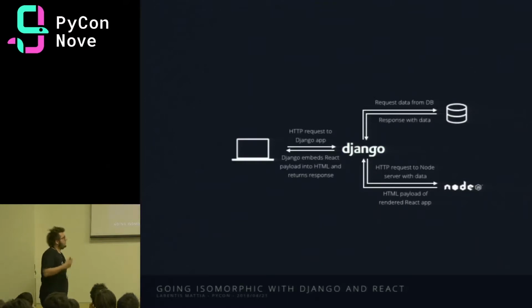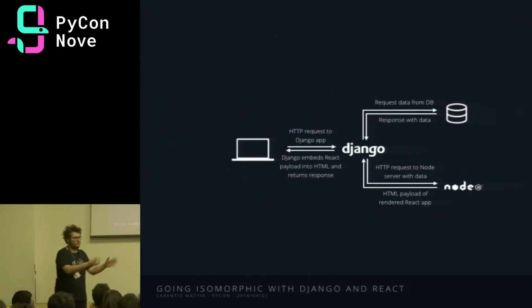How does it work? Basically, this is how it works. A user asks for a request, as we said before. Django goes to databases, APIs, whatever, to get data, and gets the component that we want to render, and says to Node, OK, you have this component, you have this data, do your job.